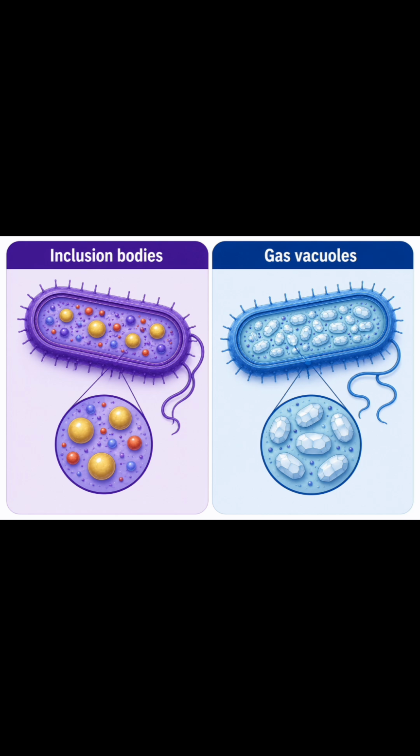Inclusion bodies are storage units and are not membrane bound, that is, they lack a membrane. They include phosphate granules, cyanophycin granules, glycogen granules, and it varies according to the type of bacteria. Gas vacuoles are present in purple, green, blue-green type of bacteria and help in maintaining buoyancy.